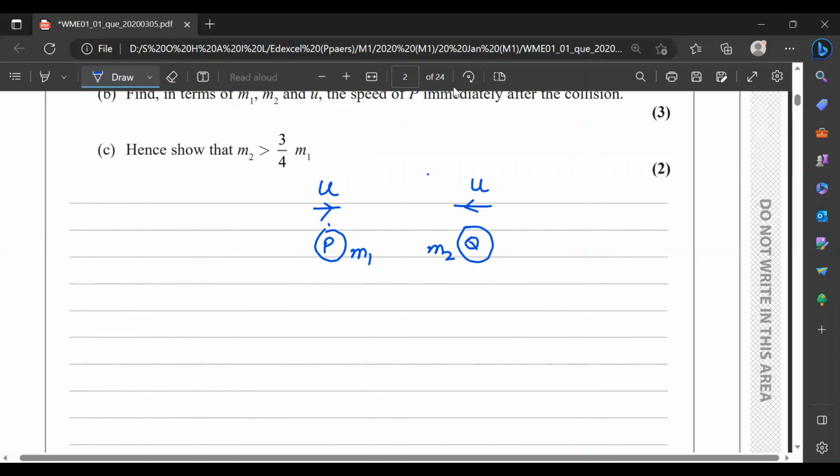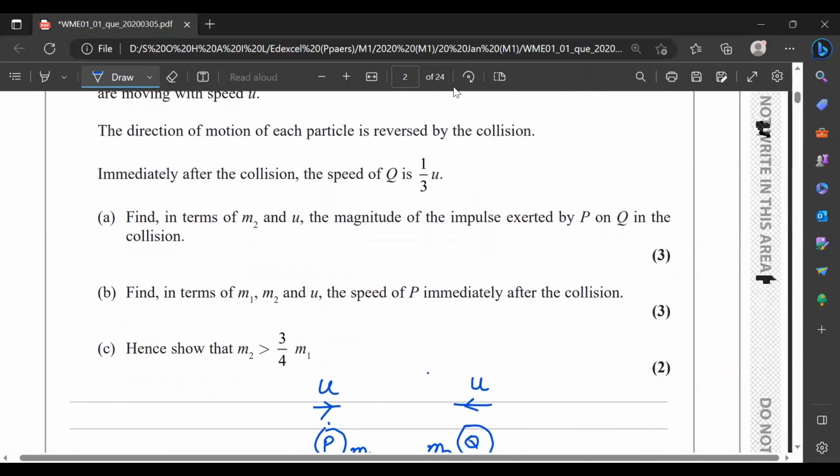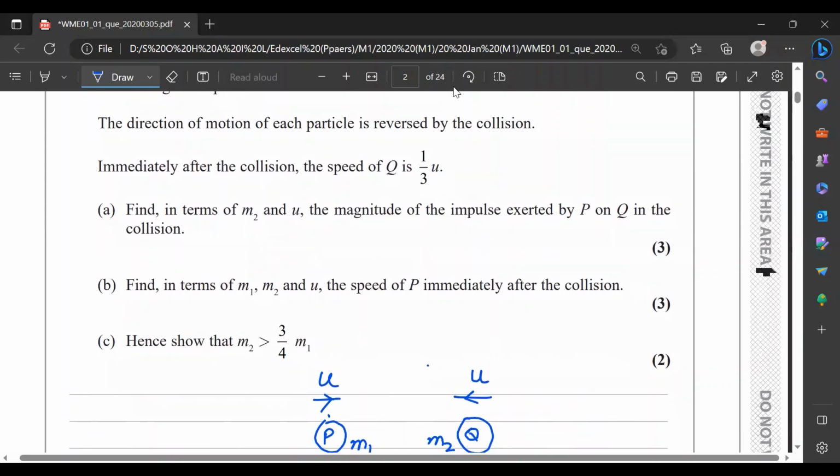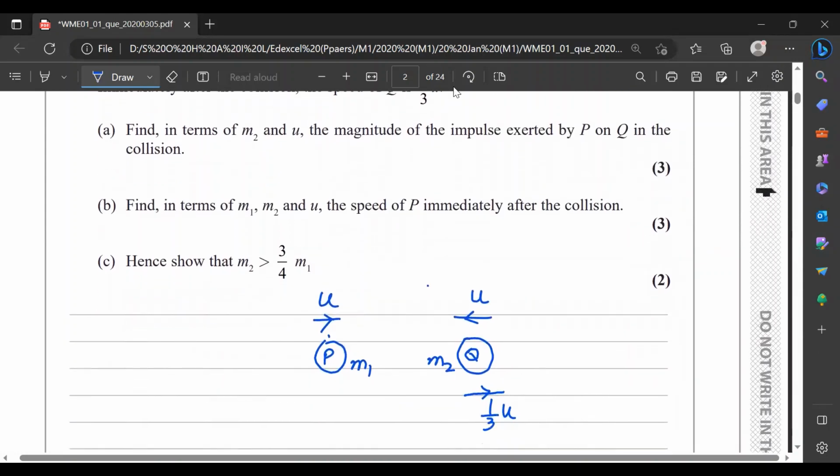After the collision, the direction of motion of each particle is reversed, and the speed of Q is 1/3 u. The first part is to find, in terms of m2 and u, the magnitude of the impulse exerted by P on Q.